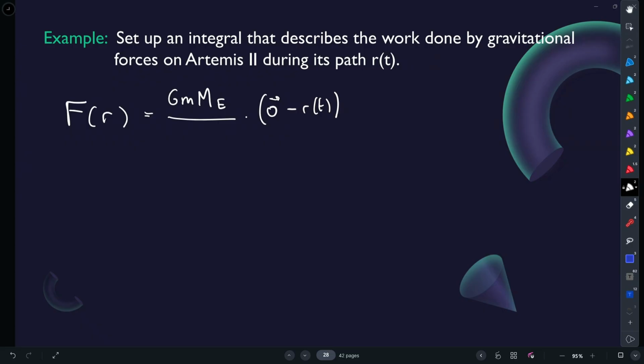And then in the denominator of that constant is the cube of the length of that vector. Okay, so I'm just going to write it like this, so you know where, in particular, the constants come from in the next two terms. So that one is just for Earth. Then the little m is the mass of Orion.